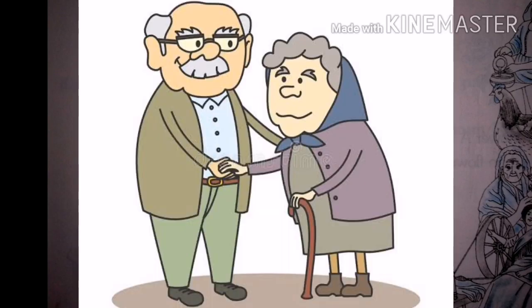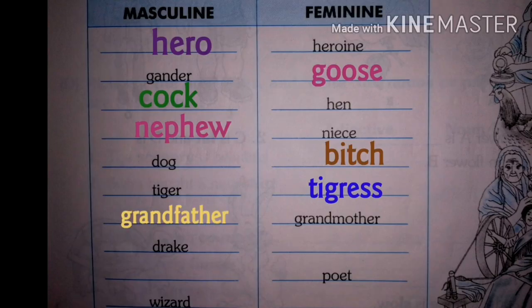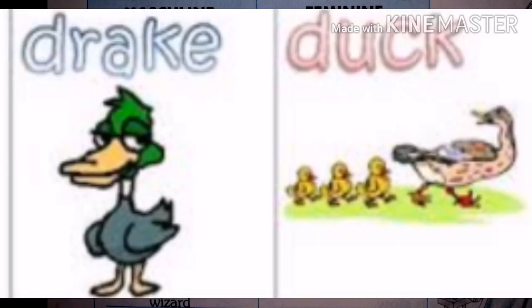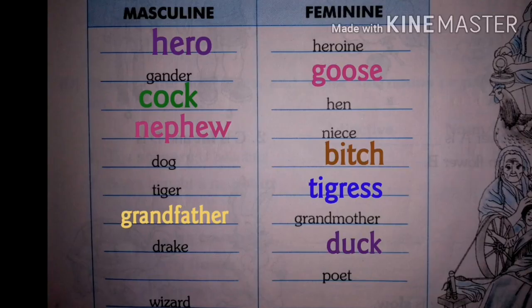Very simple. It is grandfather. See the next one. The masculine gender noun is given. What's that? Drake. What is the opposite of the noun drake? It is duck. Drake opposite duck.